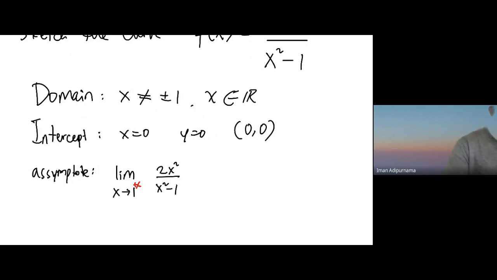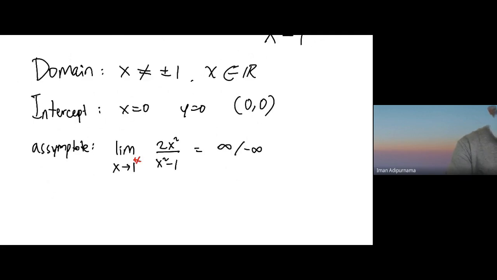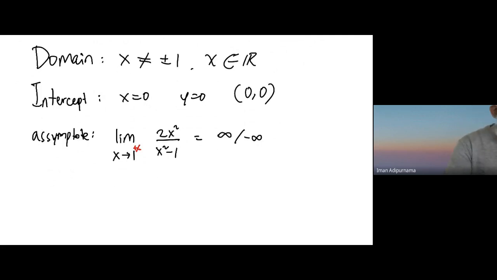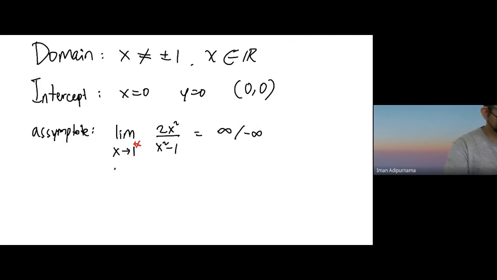So it will be having negative and positive infinity, right? Or this is negative. It depends on from where you look at the limit, from left or from right. You can also check -1 from right or from left, okay?